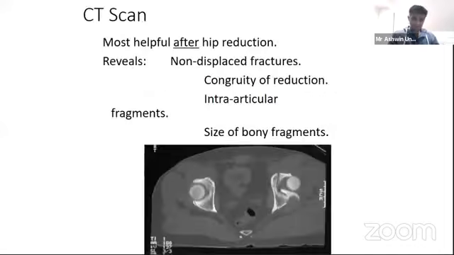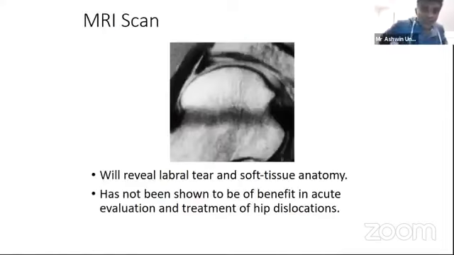Now, when you have a CT, you're primarily looking at, obviously, the dislocation, whether there is a femoral neck fracture, whether there is a femoral head fracture, and the size of the bony fragments is quite crucial. The MRI, where does the MRI come into play?